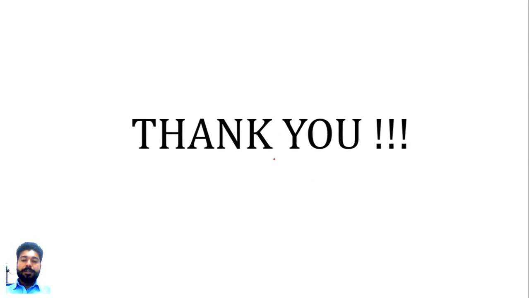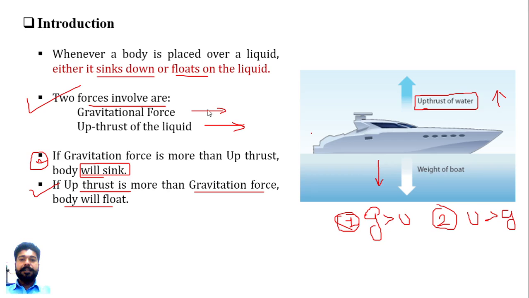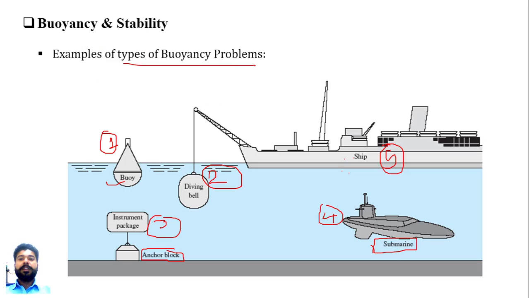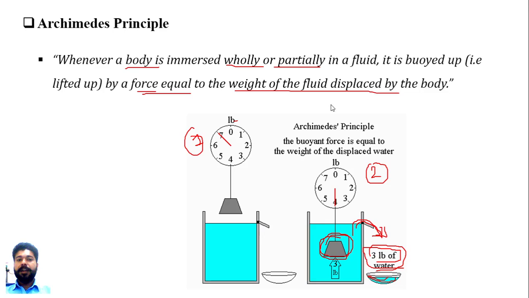So thank you, that was all about today's session. In this session, we saw a basic introduction of a ship floating or sinking in a liquid, and some examples. After that, we discussed the Archimedes principle, which says that the force acting on a body is equal to the weight of fluid displaced by the body.